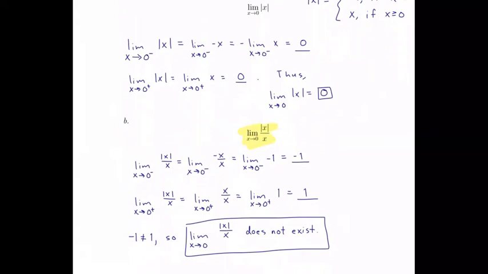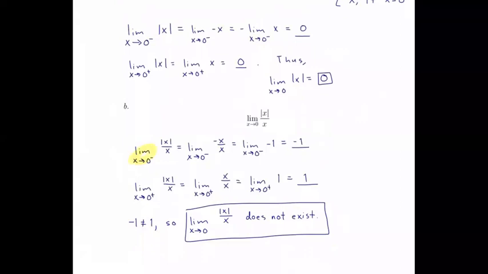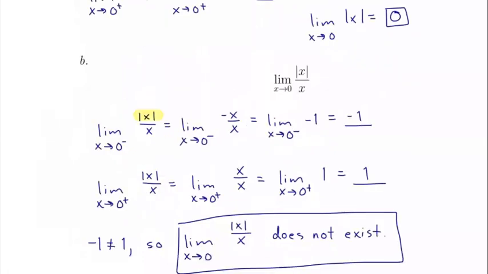This is the limit as x approaches 0 of the absolute value of x over x. It's a newer function, slightly modified with this division by x here. And we'll run the same check. We're going to approach 0 from the left with x, and this is the absolute value of x over x. So now I analyze this. All of our x values are negative, so the absolute value of x is going to come out as a negative x.